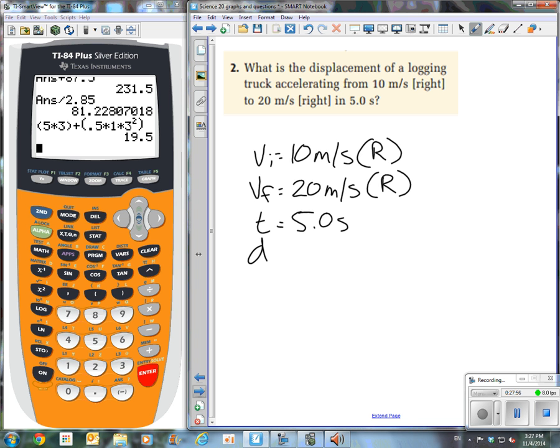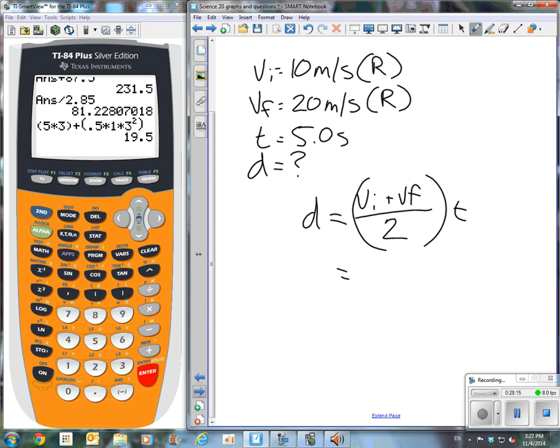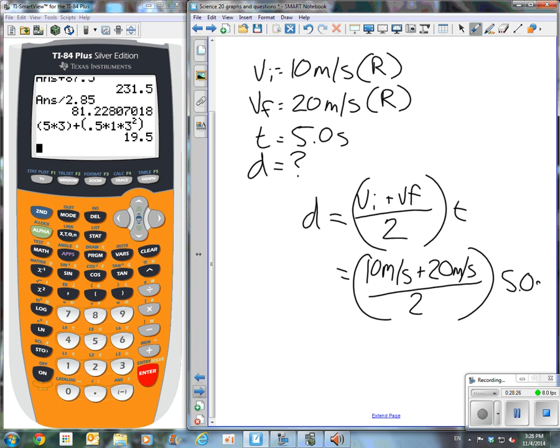The question is asking me for the displacement. I look again in my data booklet, and I find a formula with all of those in it, already solved for D, which is really nice. So D equals VI plus VF all over 2, multiplied by time. So VI, 10 meters per second, plus 20 meters per second, all divided by 2, multiplied by a time of 5.0 seconds.